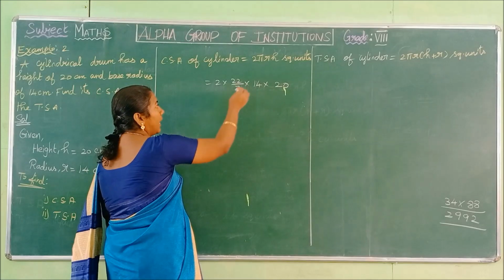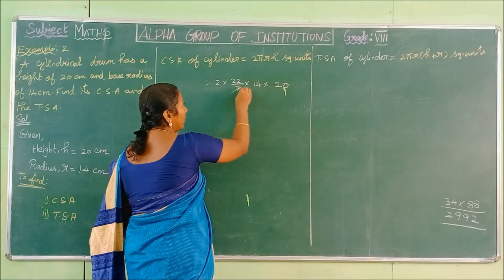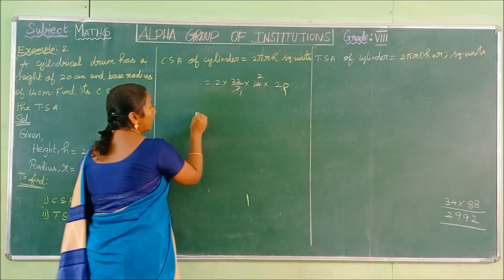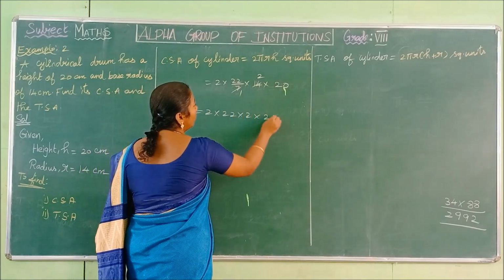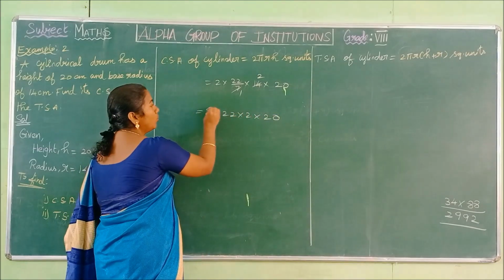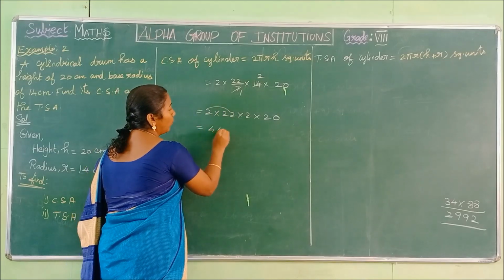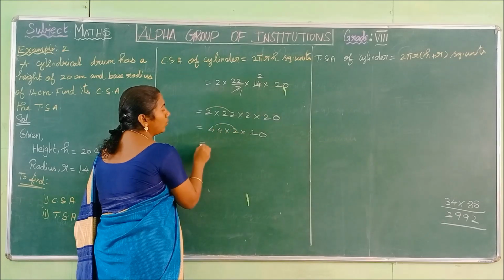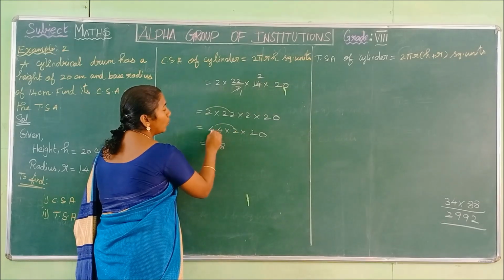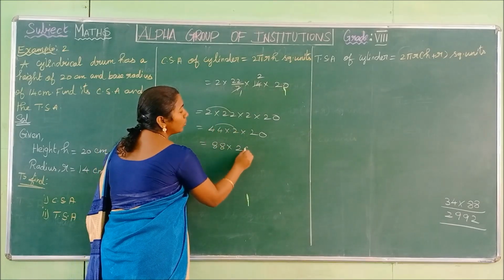Now we are going to cancel the 14 by 7. So 1 time, 2 times. So what are the values? 2 into 22 into 2 into 20. So 2 into 22, 44 into 2 into 20. 44 into 2, 4 2s are 8, 4 2s are 8 into 20.